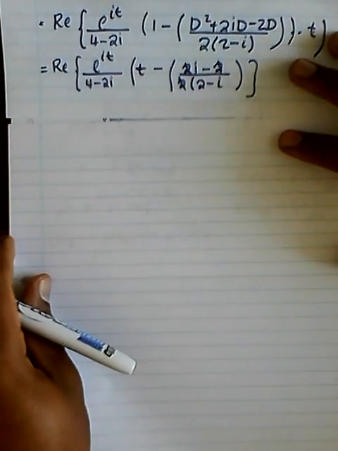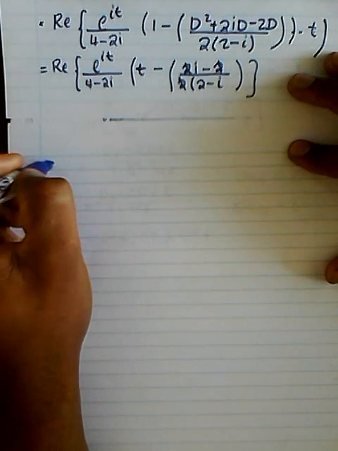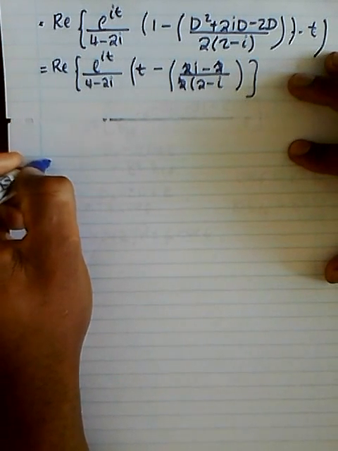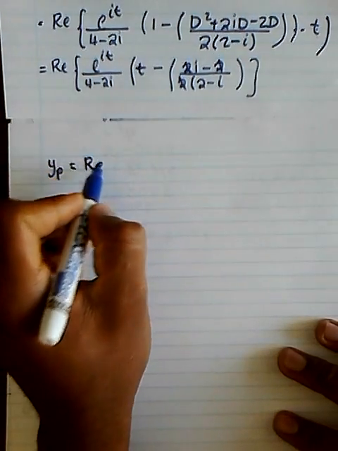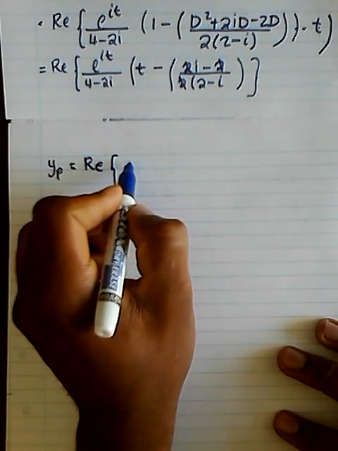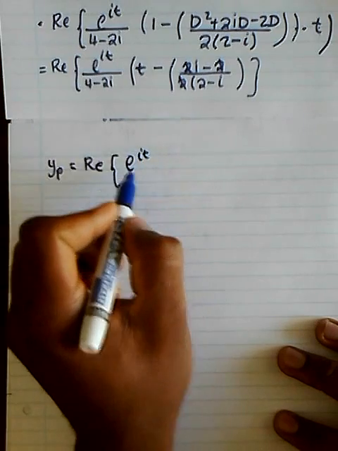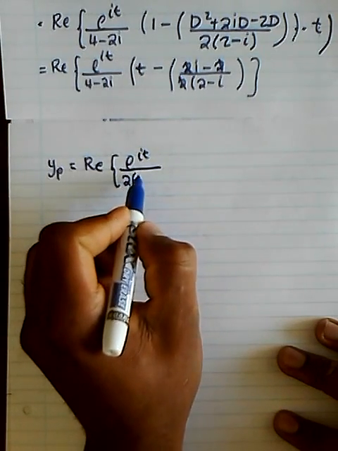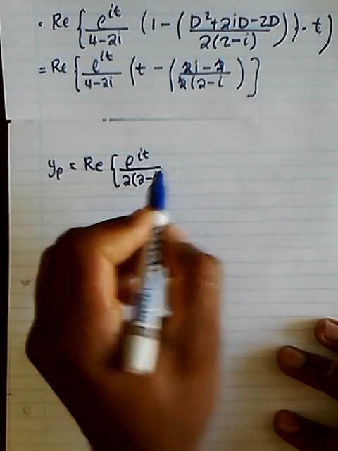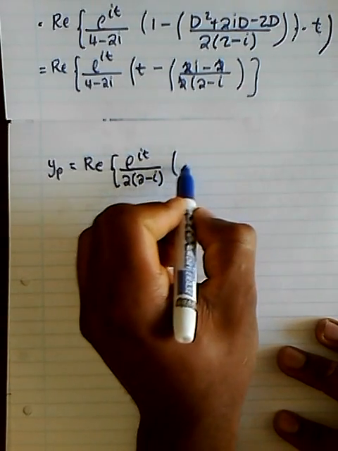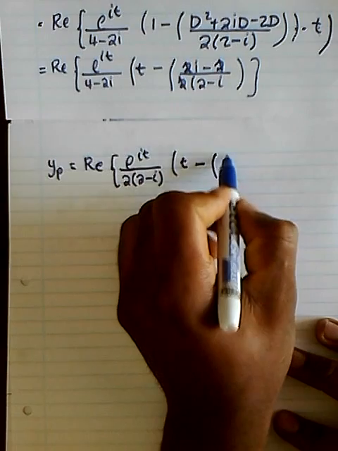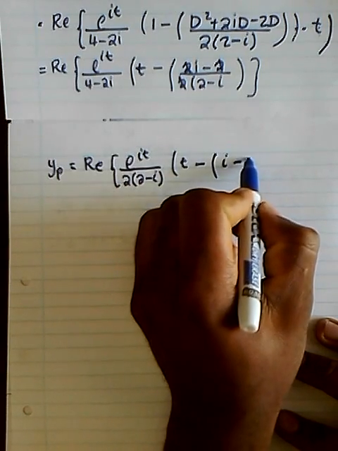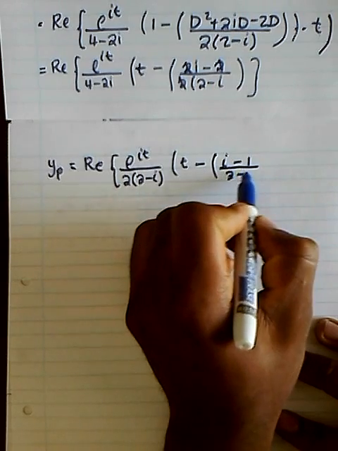Okay, so let me just copy out everything. Remember, this yp is equal to the real part of e to the it divided by 2 times 2 minus i, and then this is multiplied by t minus i minus 1 over 2 minus i.